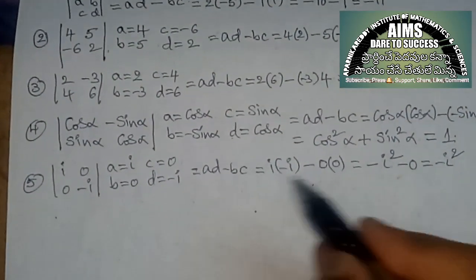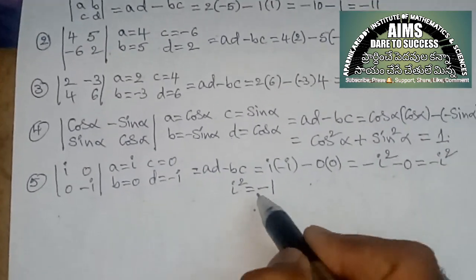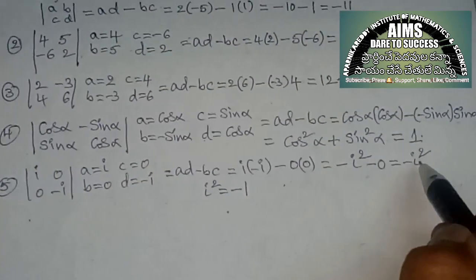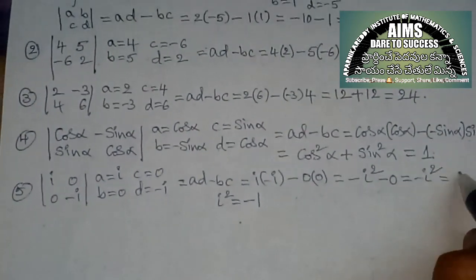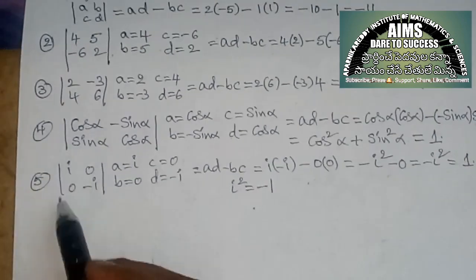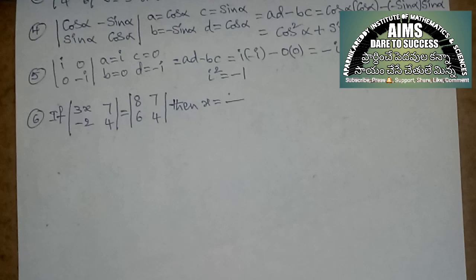We know that the i square value is minus 1. By using this concept we are having minus i square, minus coming to this side, minus i square is equal to 1, which is the answer of the determinant of i, 0, 0, minus i.